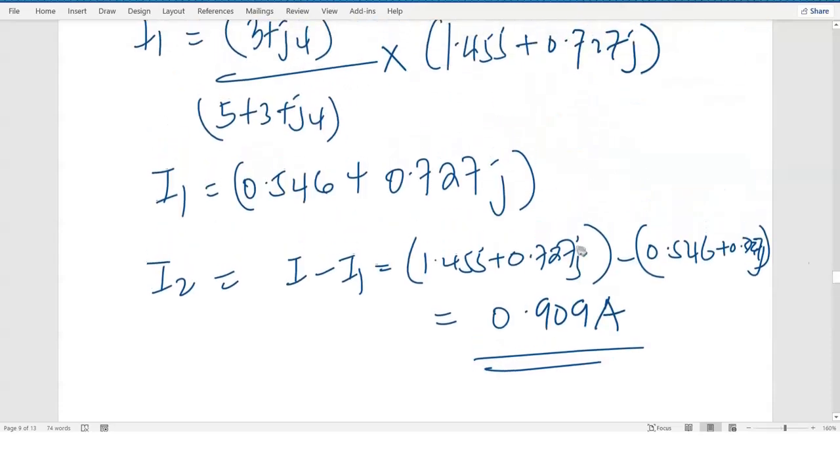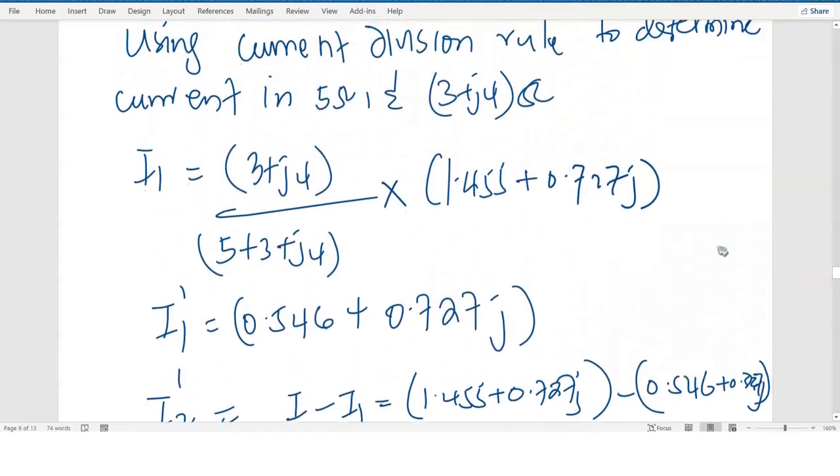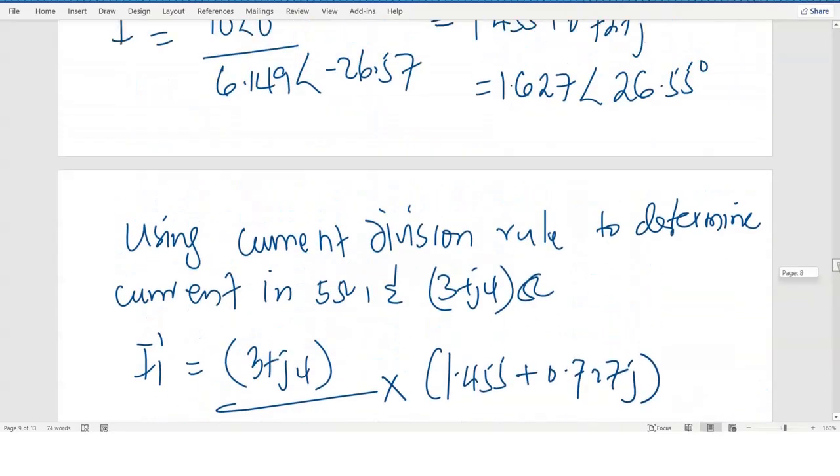These are the primes, so for the first source, the 10 volt source, this is what we are getting.